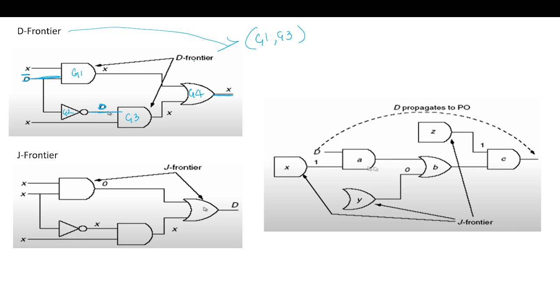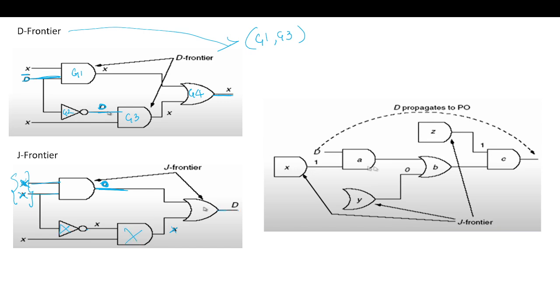And what is J frontier? In J frontier, the output should be defined. For having a 0 here, if the input is a don't care, I can justify easily. So the input should be don't care and the output is defined. Here, the output is not defined, so this is not in J frontier.